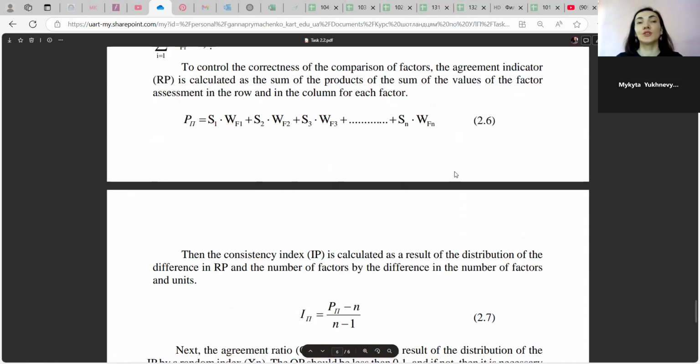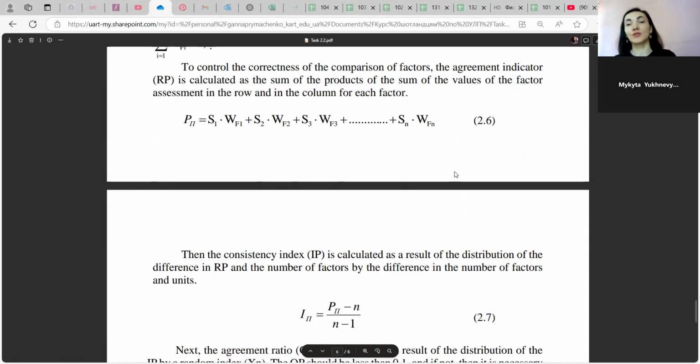We did it to control the correctness of the comparison of factors. The agreement indicator is calculated as the sum of the products of the sum of the value of the factors assessment in the row and in the column for each factor.